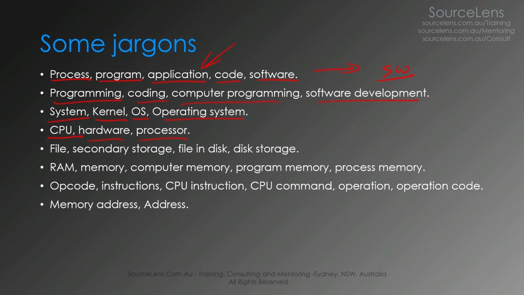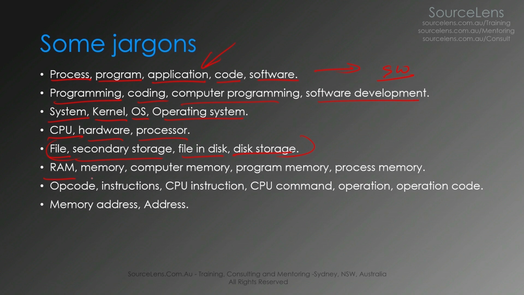When I say hardware, it is the CPU plus the rest of the things, but mainly I'll be referring to the CPU itself, not anything else. File, secondary storage, file in disk, disk storage: these are the names I'll be using for the secondary storage or secondary memory. Whenever I say memory, it is the primary memory, the RAM, the random access memory.